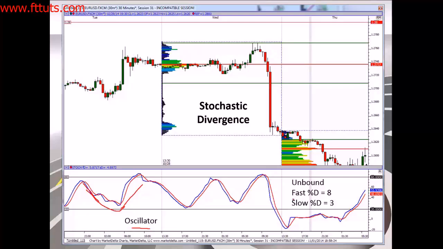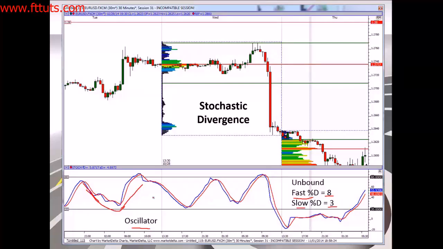In this case, on my unbound stochastic, I have a fast percentage D of 8. The setting is at 8 periods, and the slow is at 3. So those are the settings that give me this particular action on the stochastic.